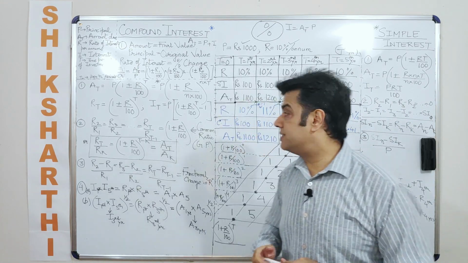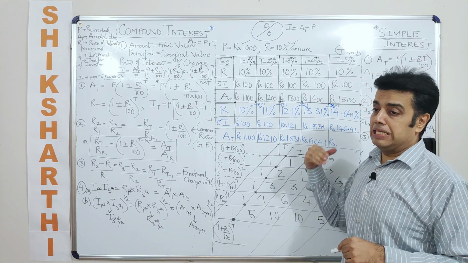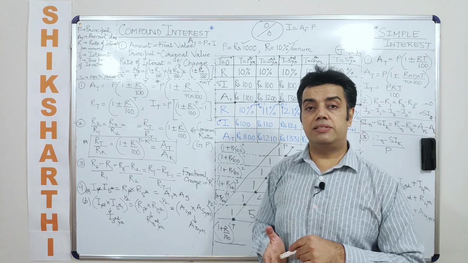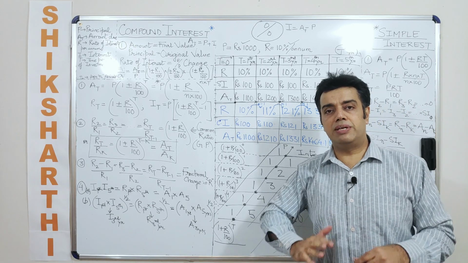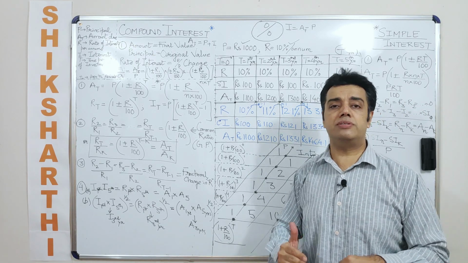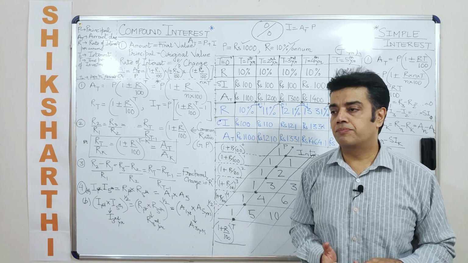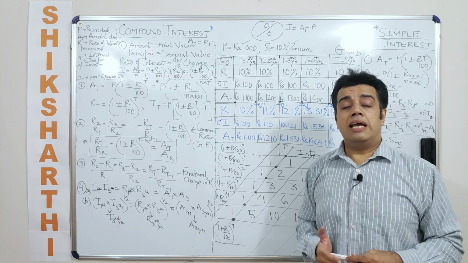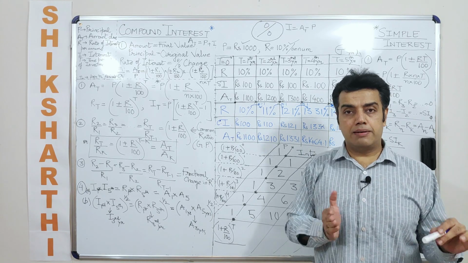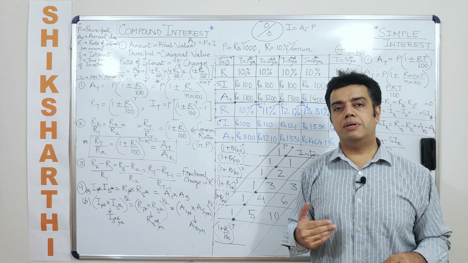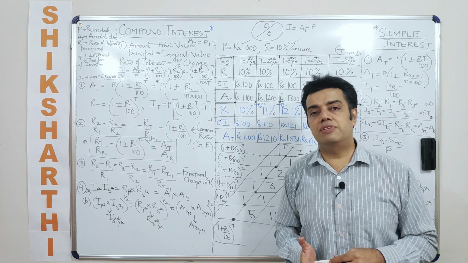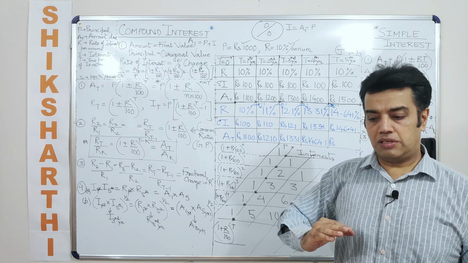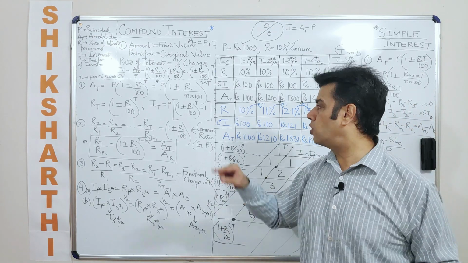So we learnt that simple interest is nothing but a linear rate of interest. Linear rate of interest means arithmetic interest. Arithmetic interest means arithmetic progression. At the same time, can we say that compounded interest is an exponential rate of interest, which is just like saying having the same common ratio.